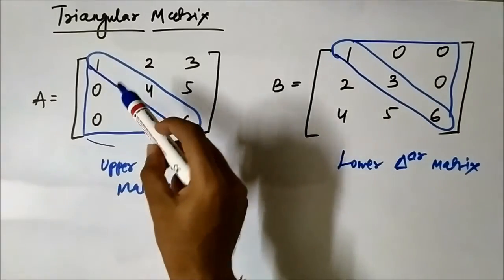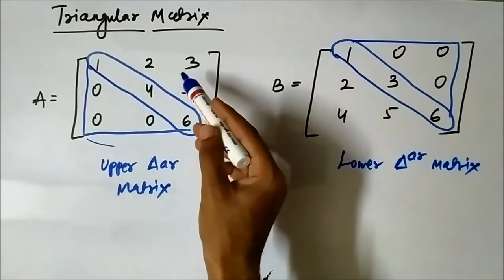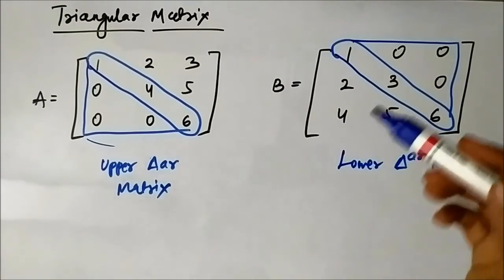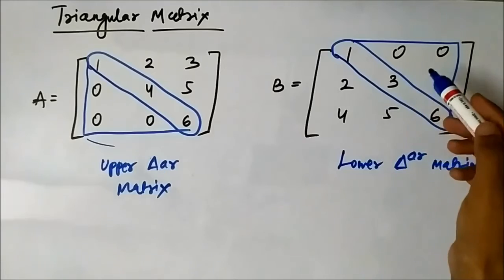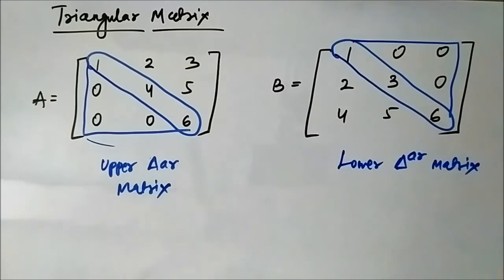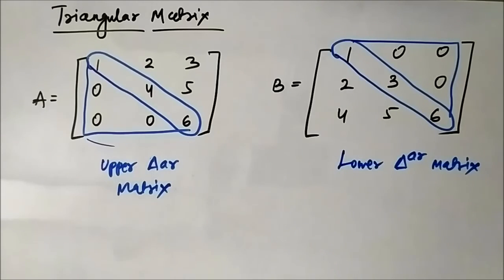Second, if the elements below the principal diagonal are 0 and those above are non-zero, then it is an upper triangular matrix. And if the elements below the principal diagonal are non-zero and those above are 0, then it is a lower triangular matrix. Okay, so this is all about the triangular matrix.